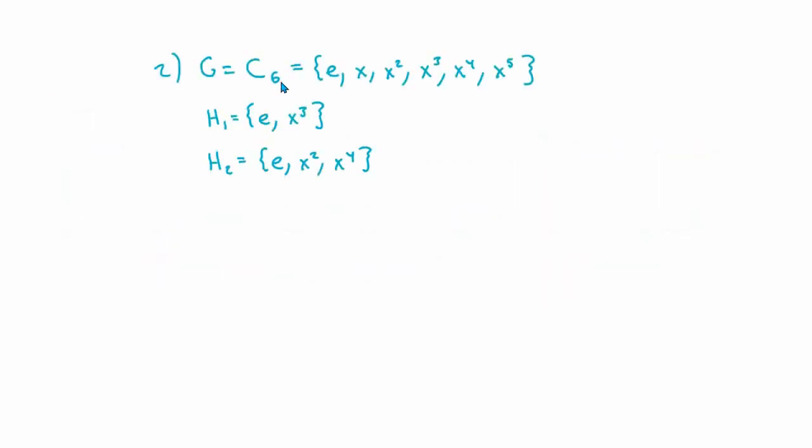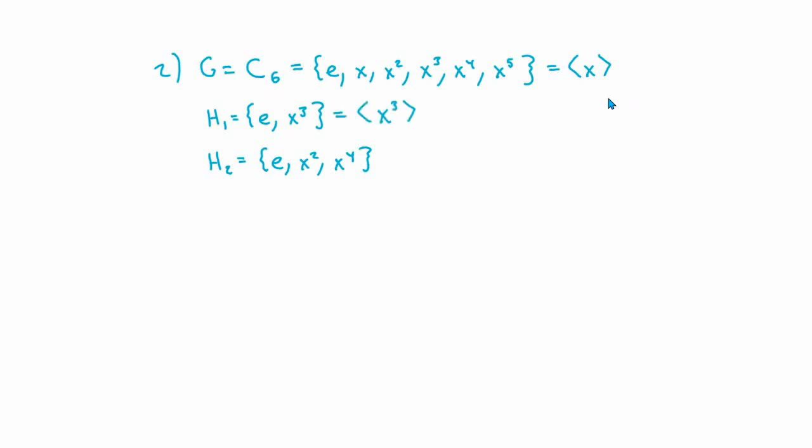For our second example, let's consider our cyclic group of order 6, together with the two subgroups H1 and H2 that we identified before. Now, it's clear from the definition that the cyclic group of order 6 is generated by the element x, since any subgroup which contains x will have to contain all of the powers of x, and so it will have to contain all of C6.